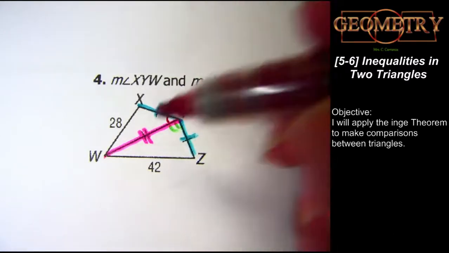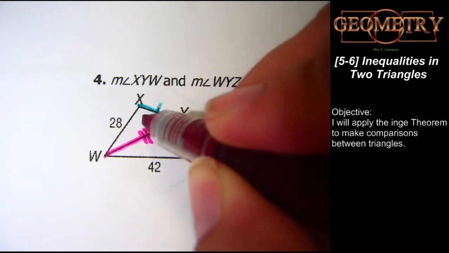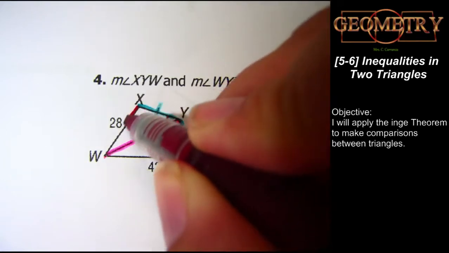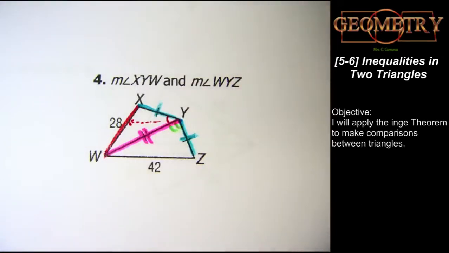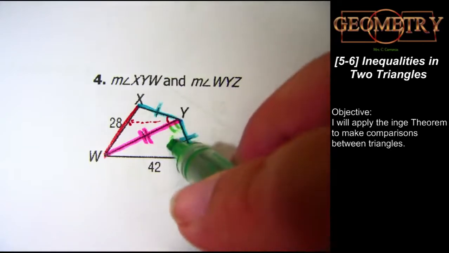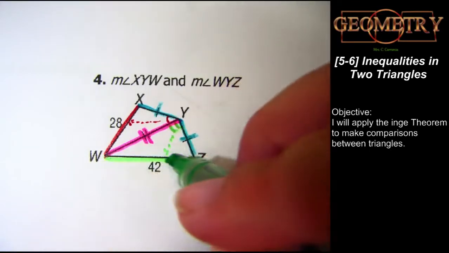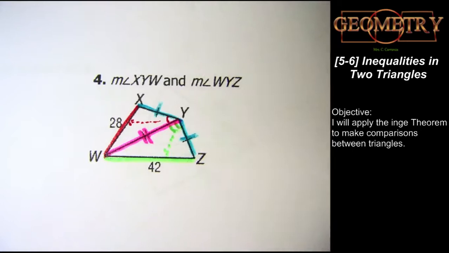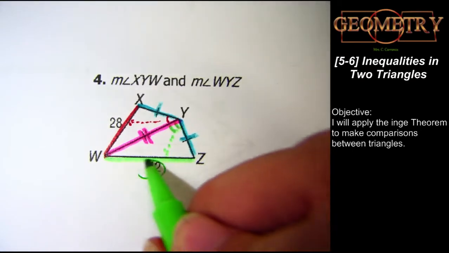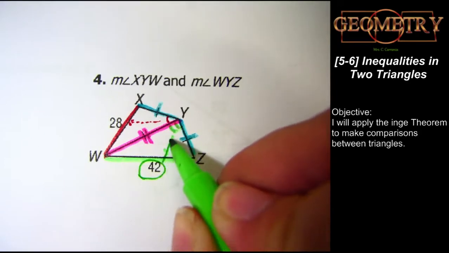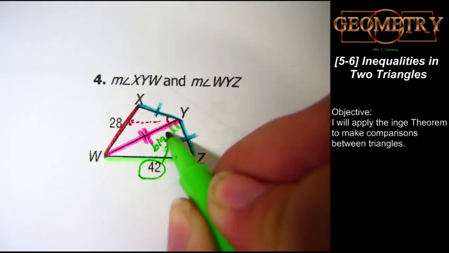So let's look at the sides opposite those angles. This side has a measure of 28, and this side has a measure of 42. Which one is bigger? The 42, which means this angle is bigger.